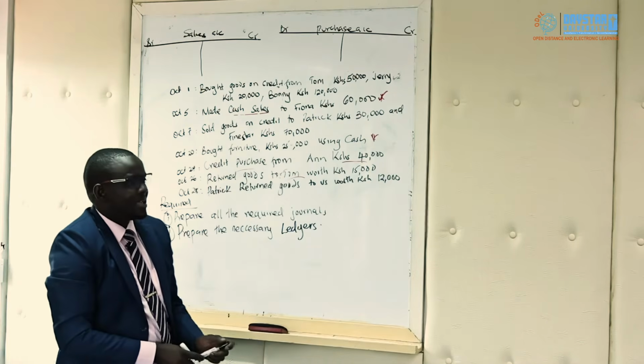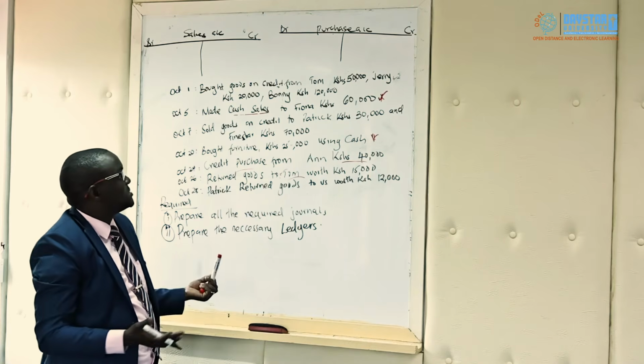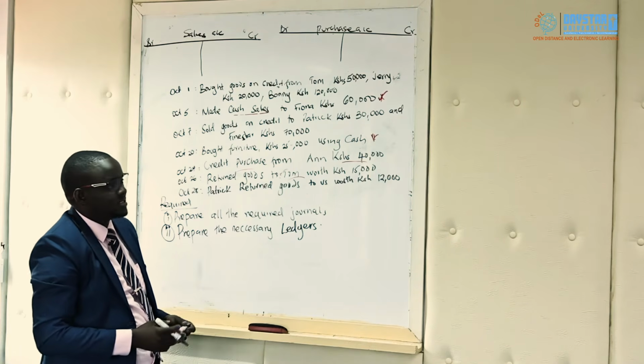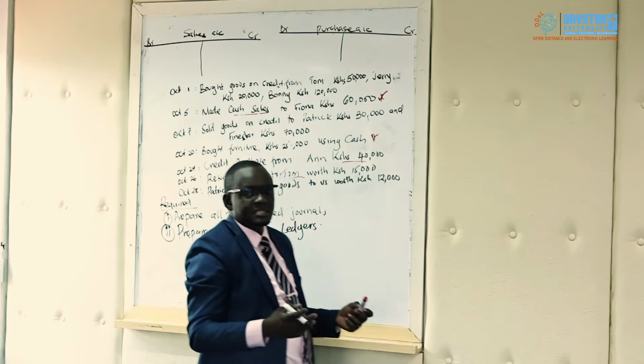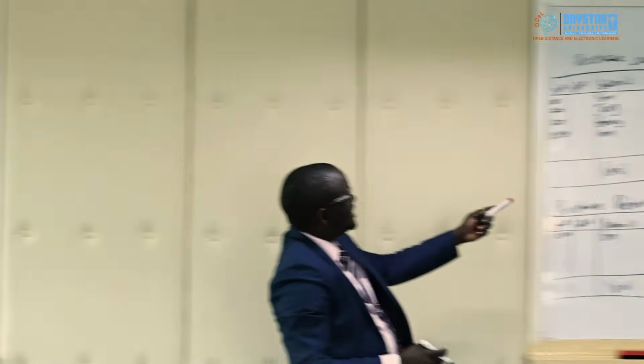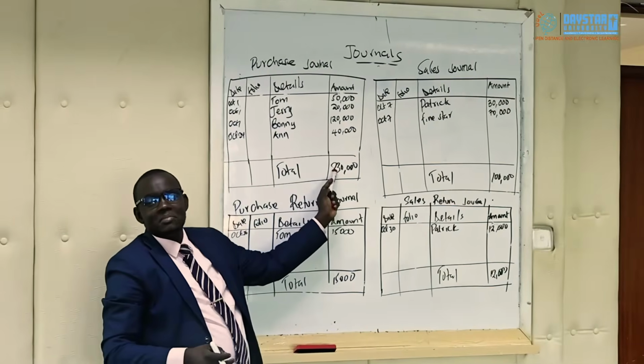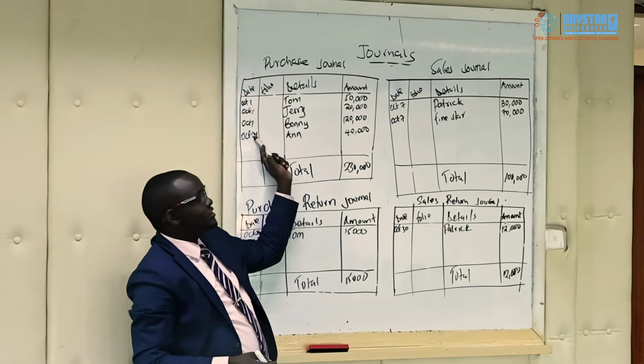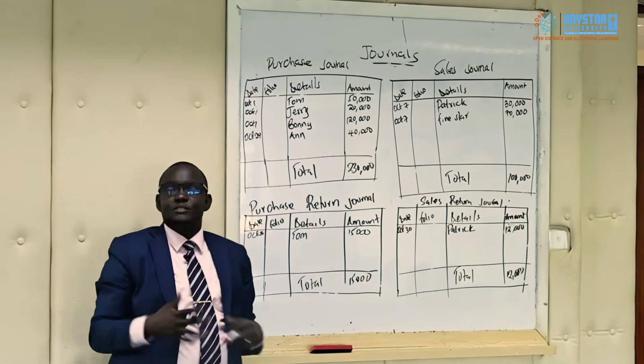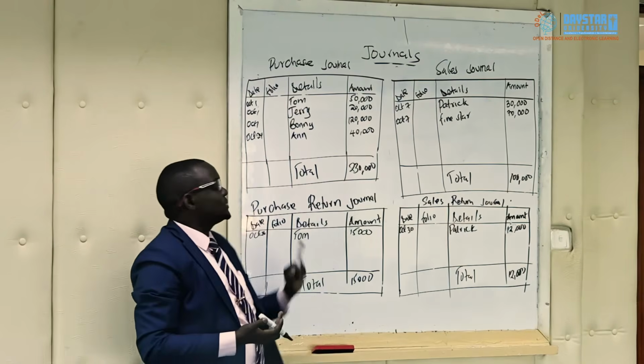Okay? So simple. If you want to record this, you can just pick the total 230,000 as at the last date of the transaction, October 30th, 2024.